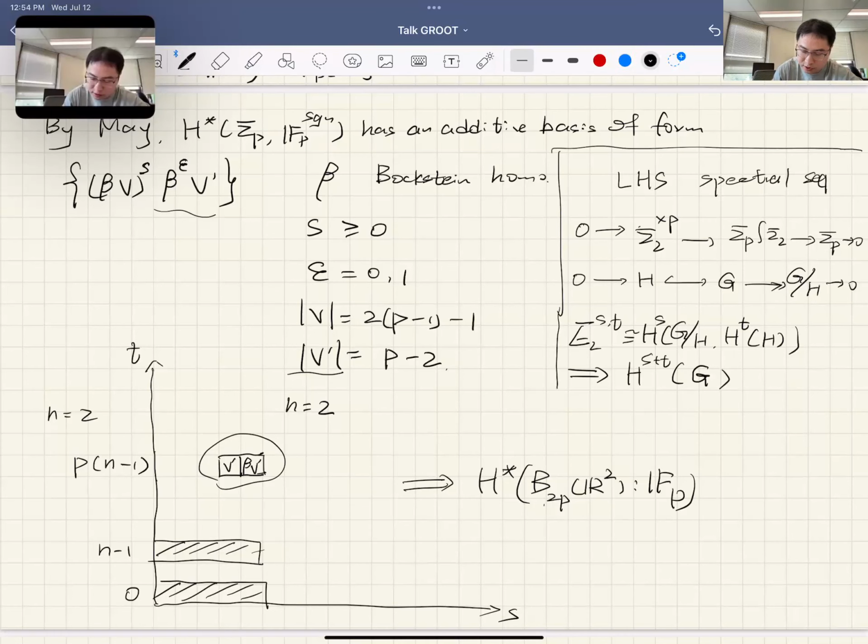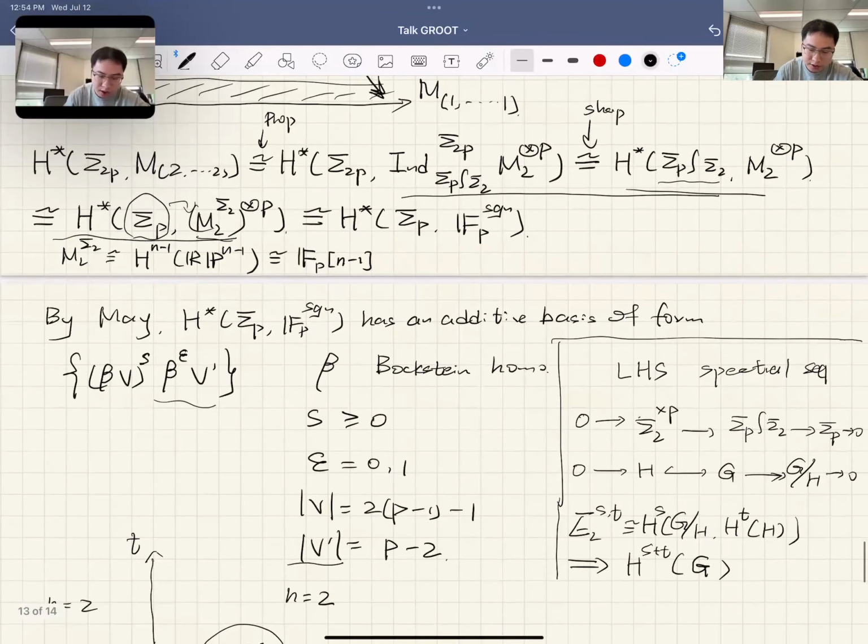Okay. So here, because sigma 2 here is actually coprime to our ground field F p.